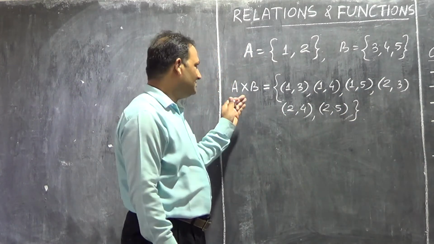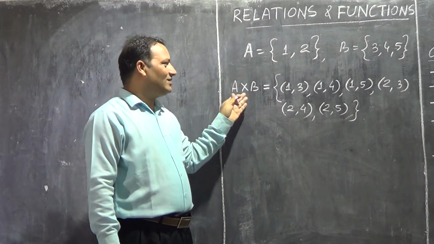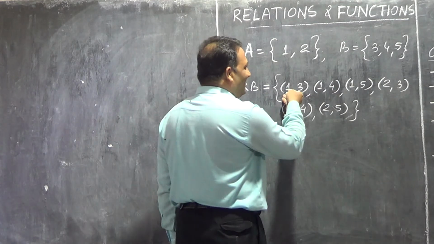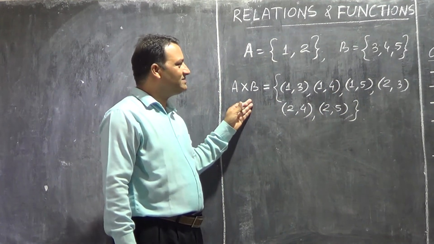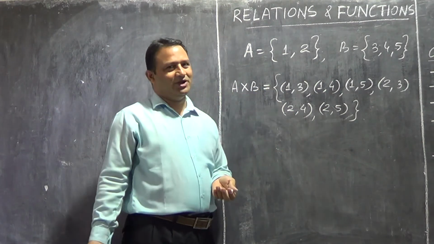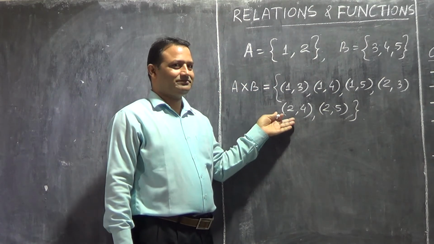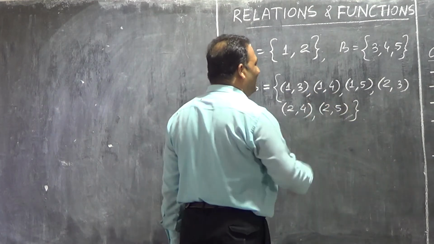So we got the Cartesian product of A and B, A cross B. Here what we did is we provided a list of all the ordered pairs. This is just like the roster form, in the form of a list.